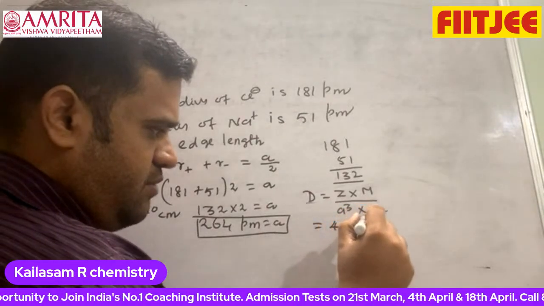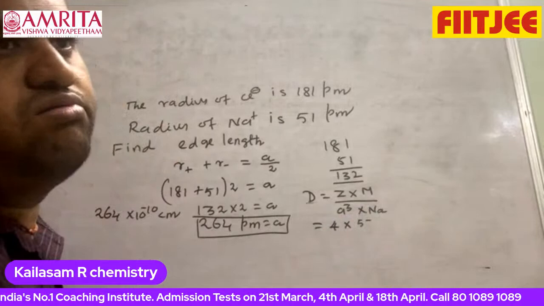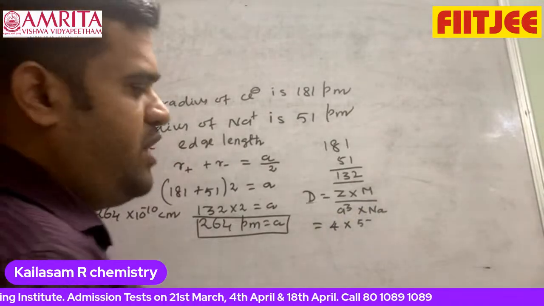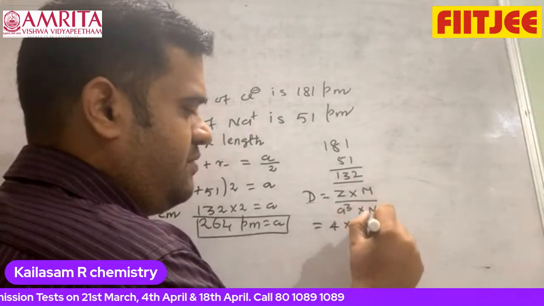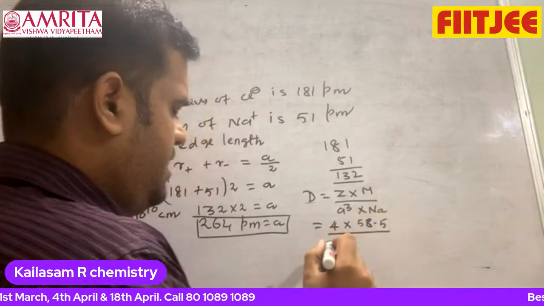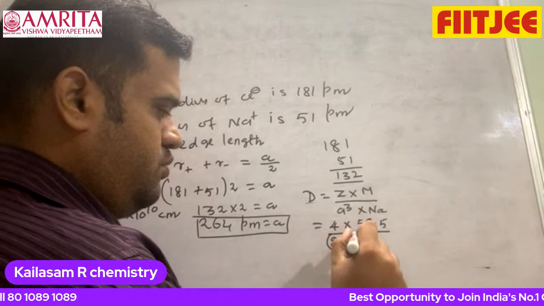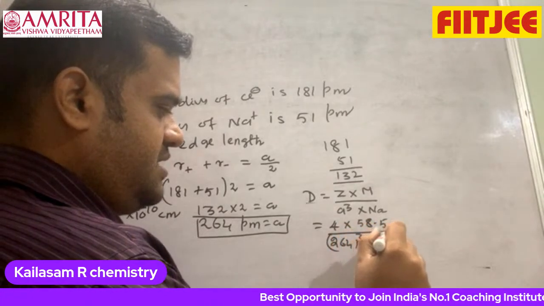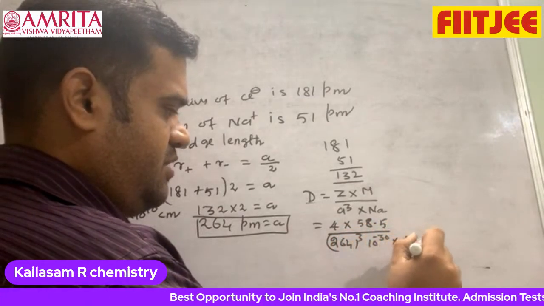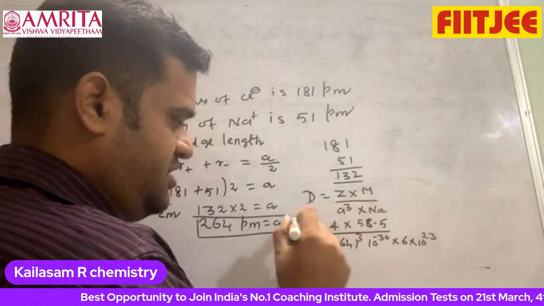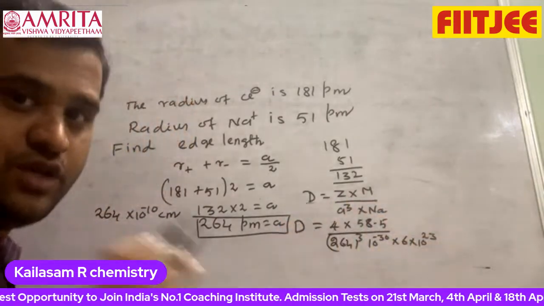NaCl molecular mass is 35.5 plus 23, which is 58.5. By A cube is 264 cube into 10 power minus 30 into 6 into 10 power 23, which is equal to D. That's all.